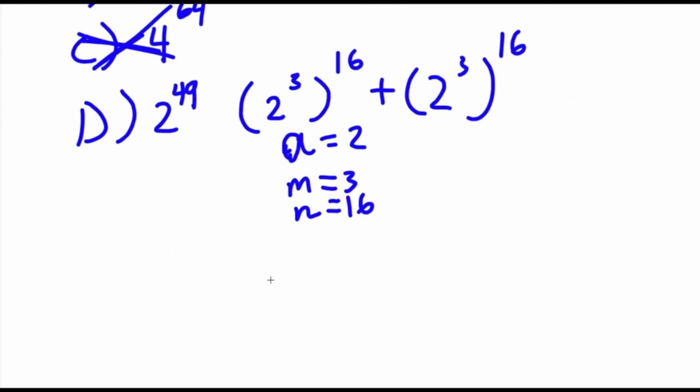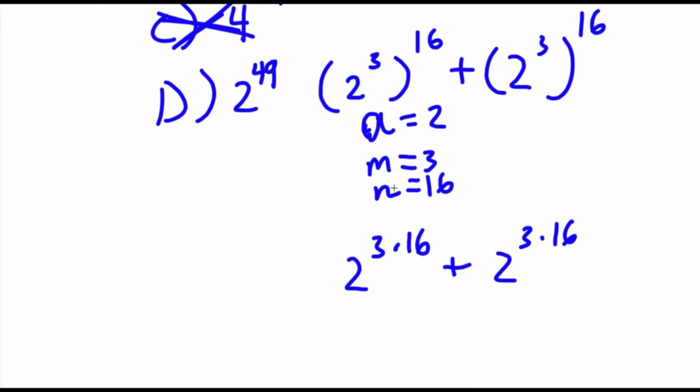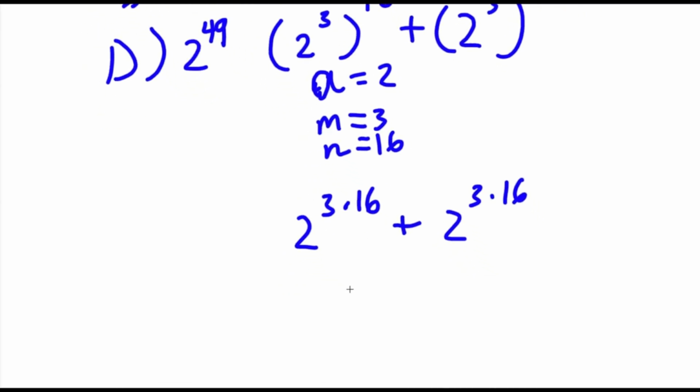So now I have 2 to the power of 3 times 16 plus 2 to the power of 3 times 16. Now, 3 times 16 is 48, so now I have 2 to the power of 48 plus 2 to the power of 48.